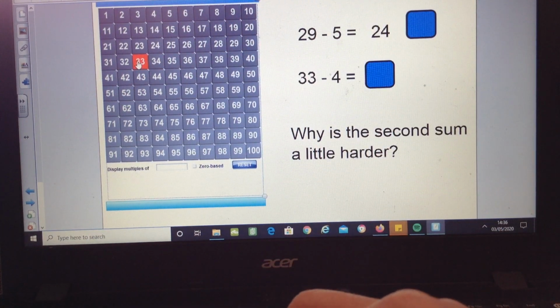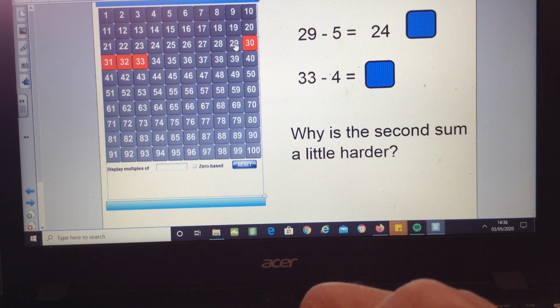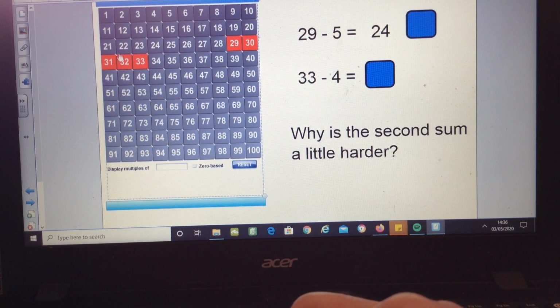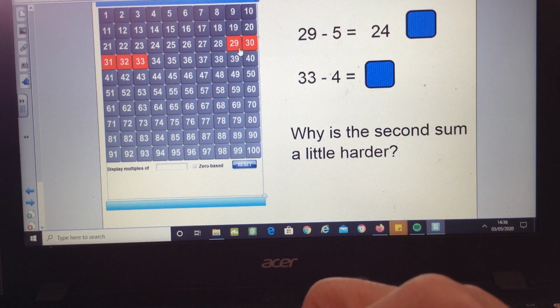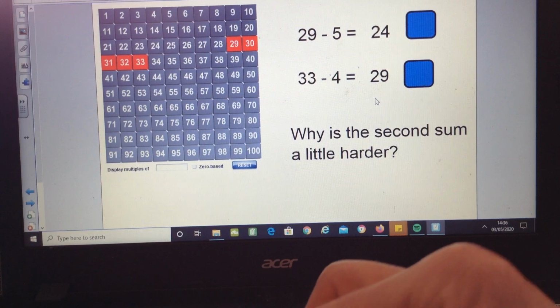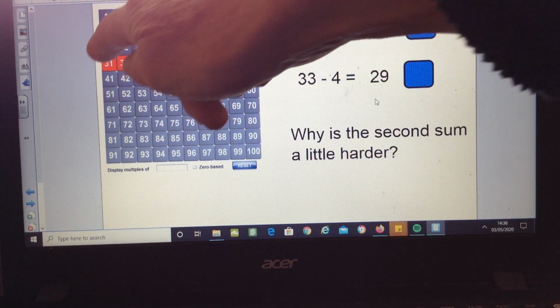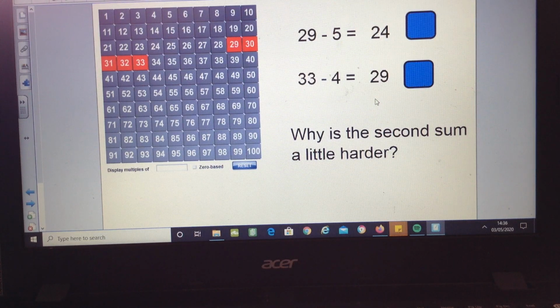So let's just have a go at that together. 33, take away 1, take away 2, take away 3, take away 4. 33 take away 4 is 29. So just watch, if you're using your 100 square, that you use it correctly. Okay?